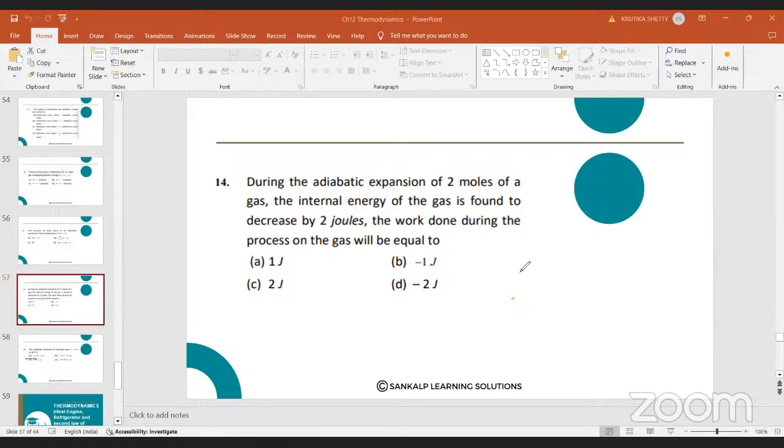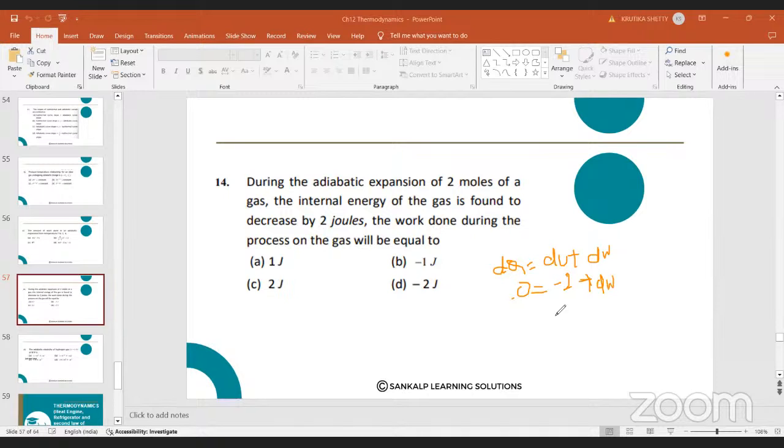So therefore dq is equal to du plus dw. Here the heat is 0. The change in internal energy is minus 2, plus dw.